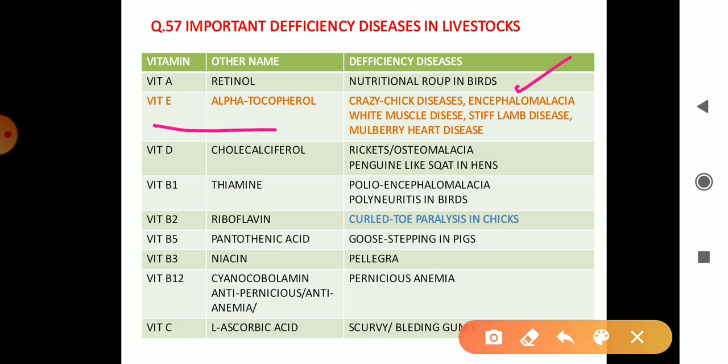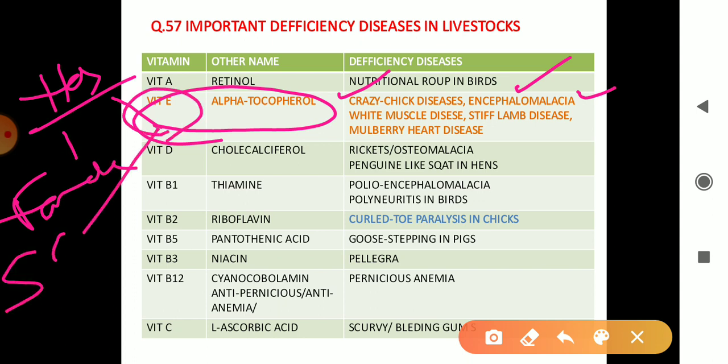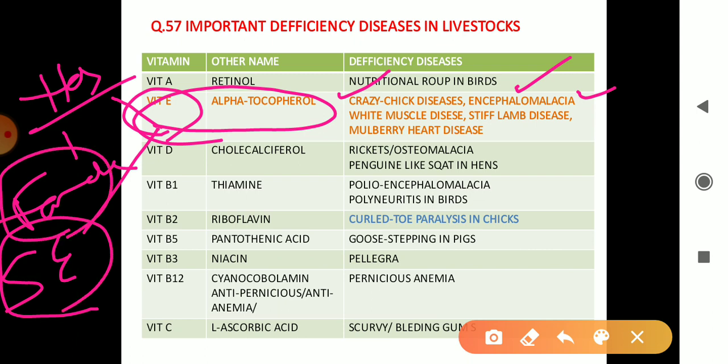Then vitamin E, very important, its name is alpha tocopherol, and this causes Crazy Chick disease, encephalomalacia, white muscle disease, stiff lamb disease, and mulberry heart disease. Vitamin E also has some importance in female reproduction. Always, vitamin E and selenium pose a synergistic effect on the female reproductive system.